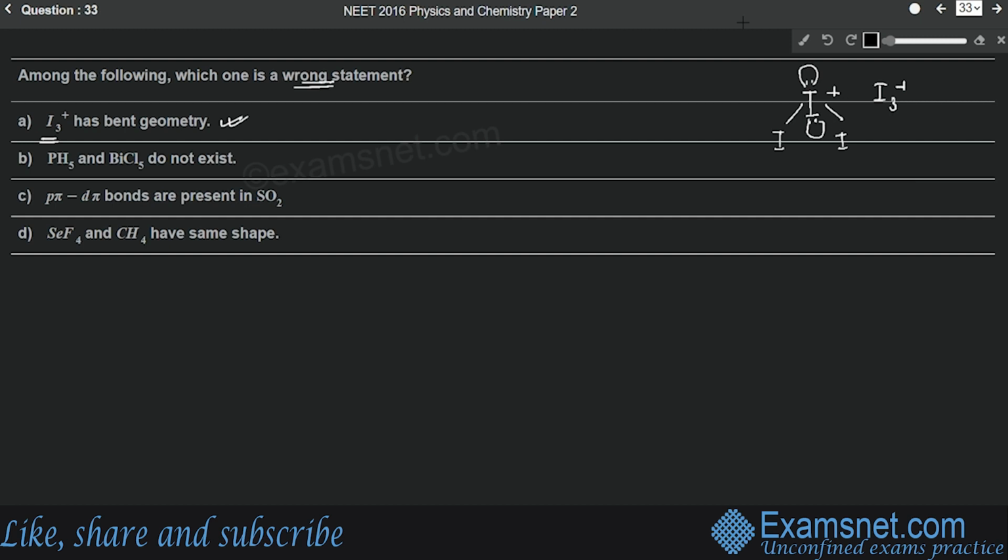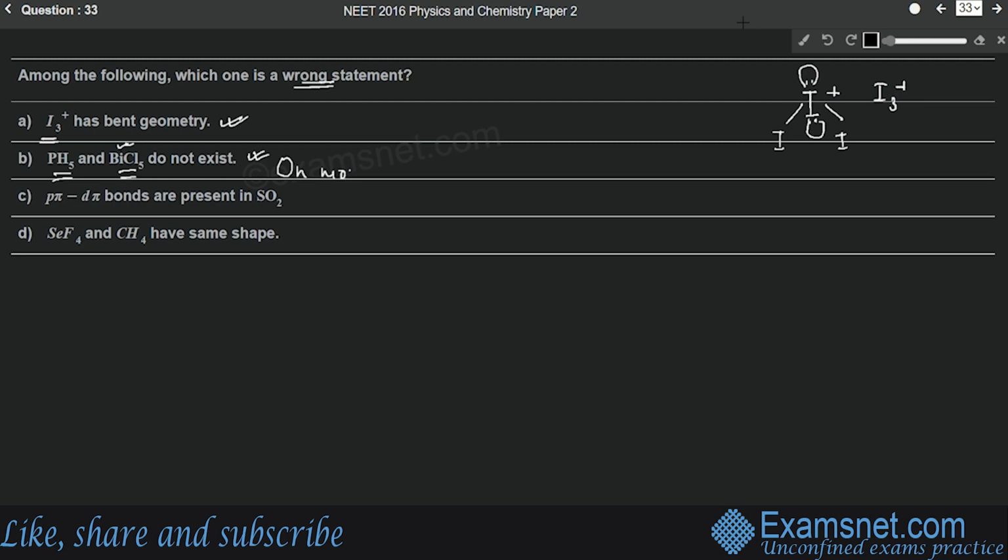Now let's come to the second statement. It says PH5 and BiCl5 do not exist. This is also correct. Why does PH5 not exist? Because the overlapping of orbitals is not stable. And for BiCl5, the main reason is that on moving down the group, the size of the atom increases, right? Let's write it down here.